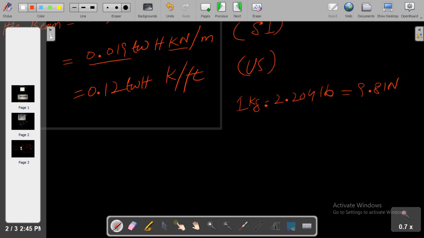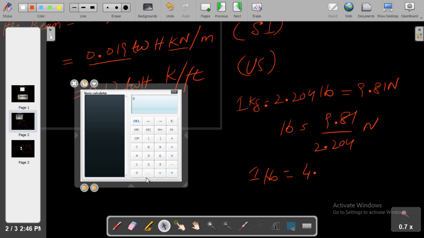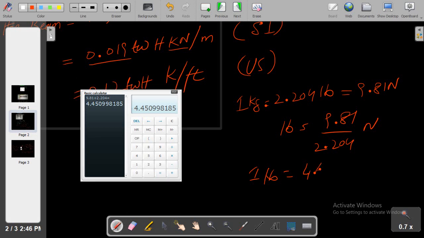So what should be the value of a pound in newtons? Pound equals 9.81 divided by 2.204, which is 4.45. So it is 4.45 newton.